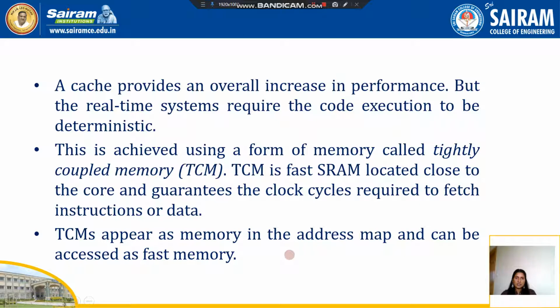This is fast SRAM memory. It is located close to the core, and it provides clock synchronization so that the loading and execution of the instruction will be deterministic. This tightly coupled memory appears as memory in the address map and can be accessed as fast memory.